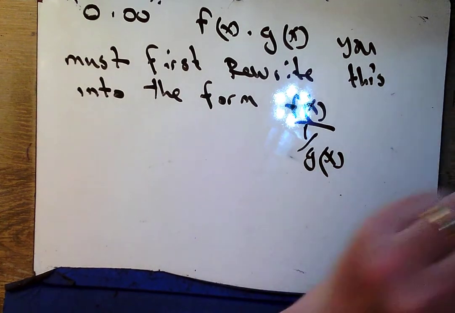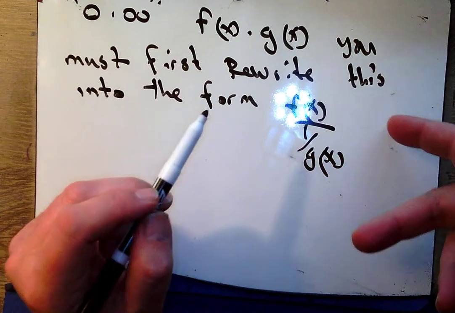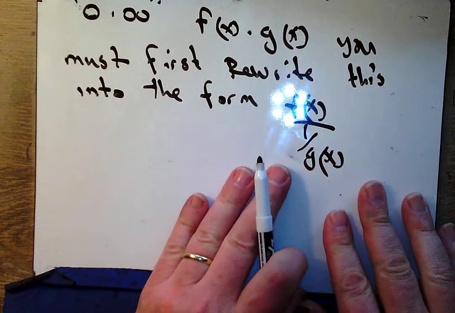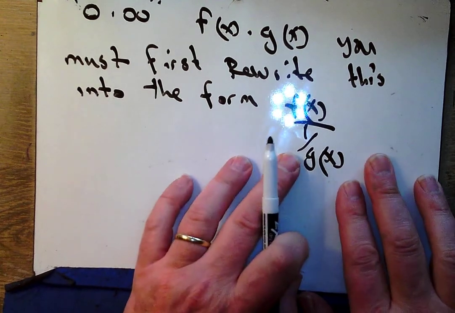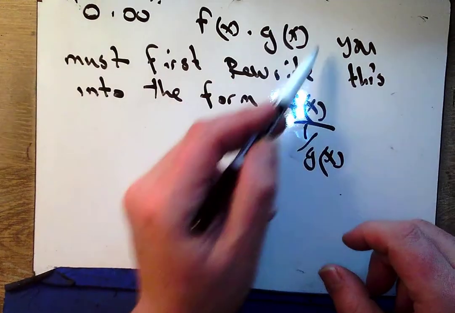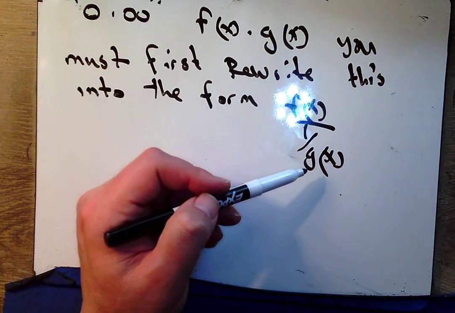So what I'm doing here is I'm taking one of these functions, flipping it upside down so it can be in the denominator, right? Because if I'm looking at this, then I can say, oh, look, I could do flip and multiply. So if I flip and multiply, I'm going to end up here. So this is sort of doing the reverse flip and multiply.